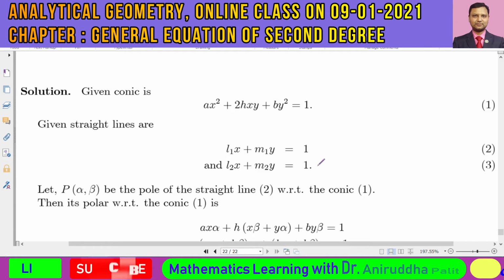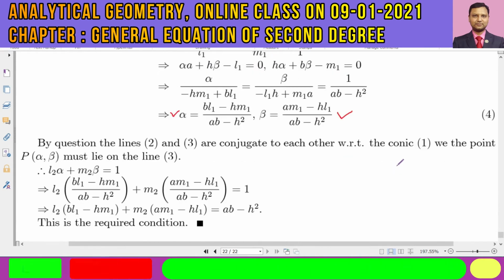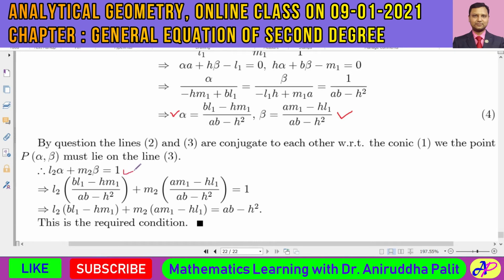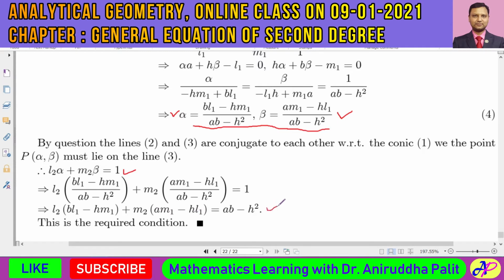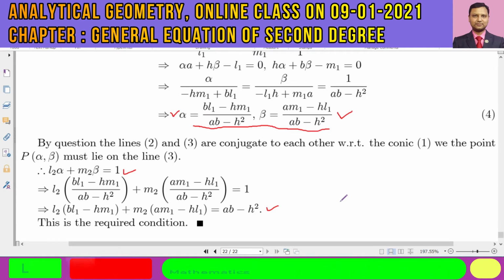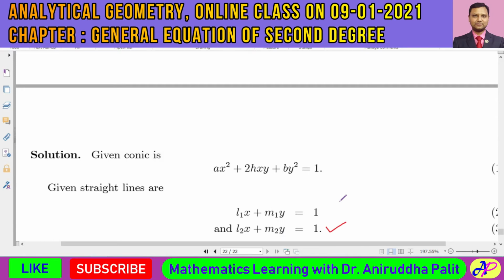Therefore we put this expression of alpha and beta in place of x and y in this equation number 3, and we ultimately get this kind of expression. Finally we put the values of alpha and beta that we have already computed, and we get this type of relation. This is the condition under which the given straight lines become conjugate to each other, as per the question.